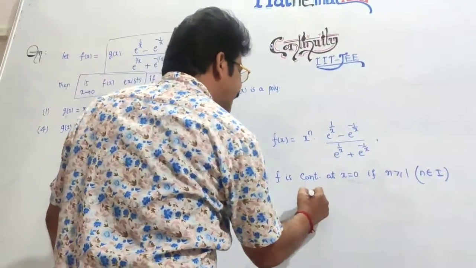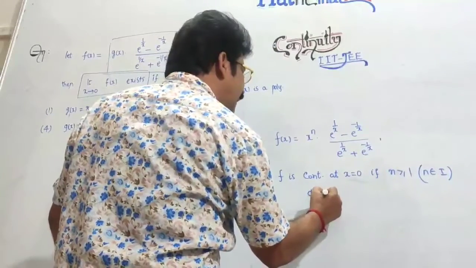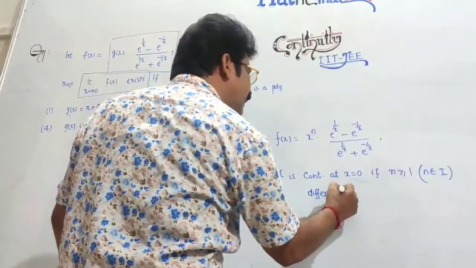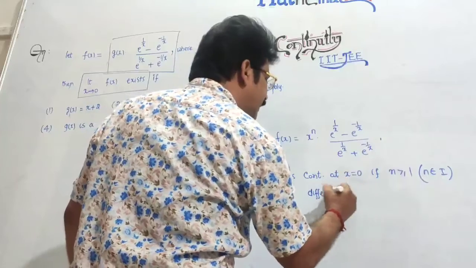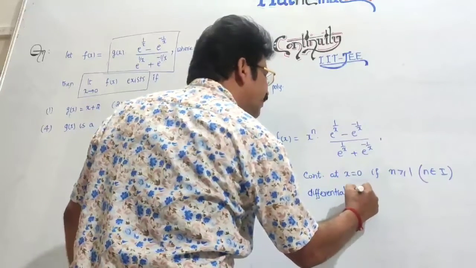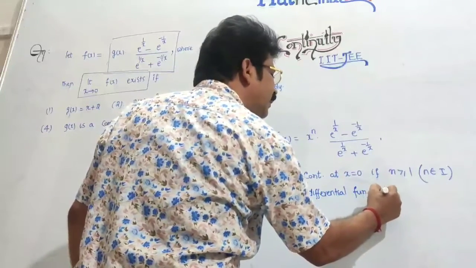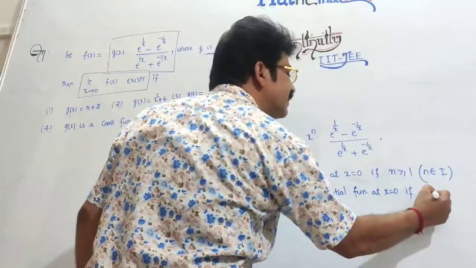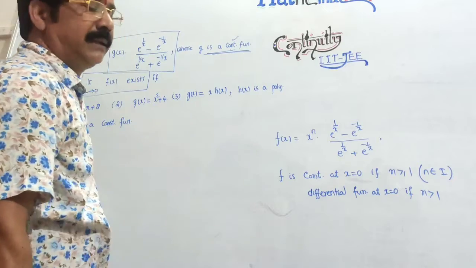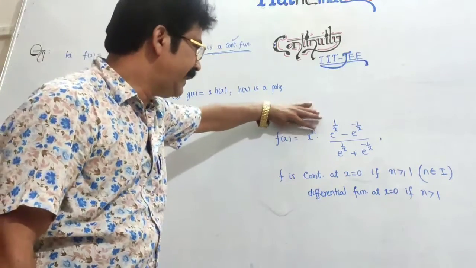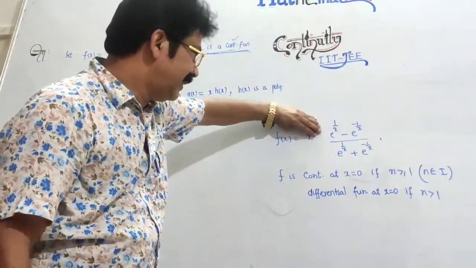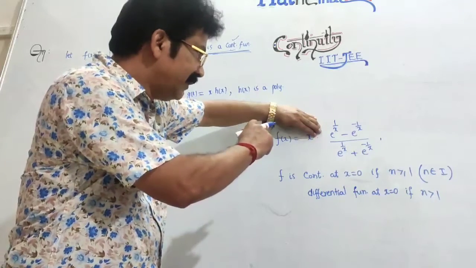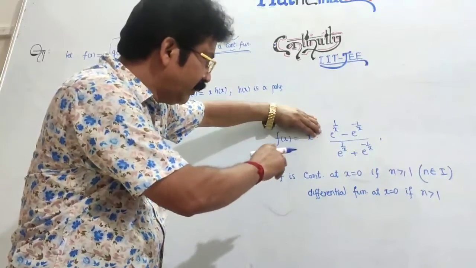So next, differentiable. It is the great shortcut. f of x is a differentiable function at x equal to 0 if n is greater than 1. For example, n equal to 1 means x into that function. It is continuous at x equal to 0.